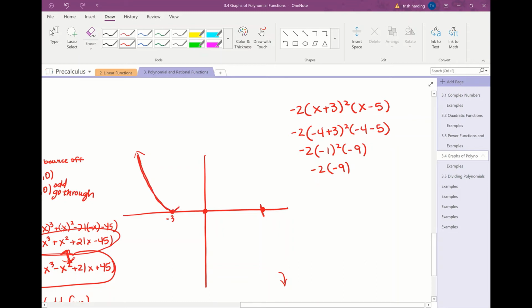Which means that in order to travel back through the origin, let me see. Yeah, y is positive here. And now I'm going to take x equals -1. So when x equals -1, x plus 3 equals 2. And when x equals -1 here, we're going to get -6. So that is positive, yeah.